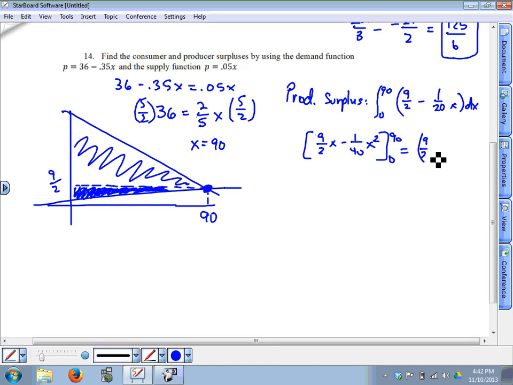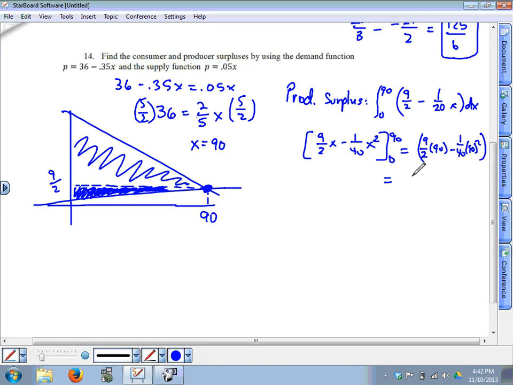So this is 9/2 of 90 minus 1/40th of 90 squared, and then we would have to subtract the antiderivative evaluated at 0, but that is just 0, so we don't have another piece to that.